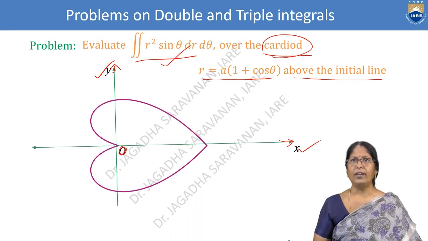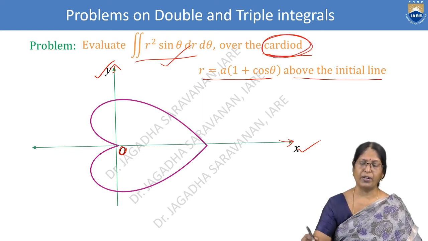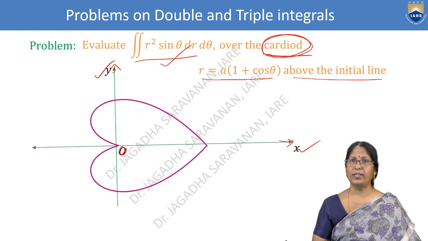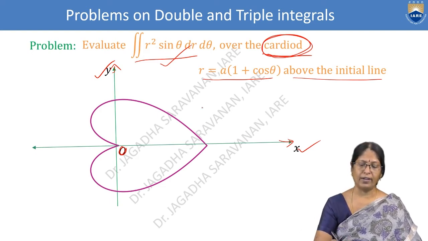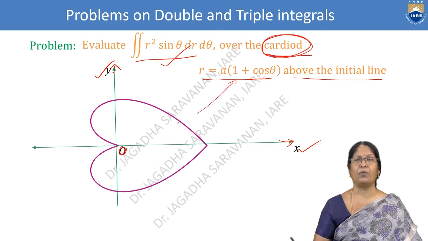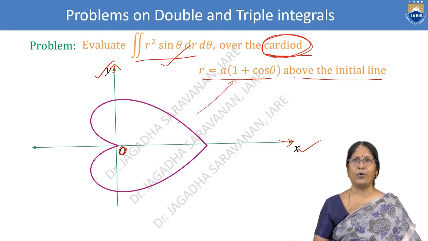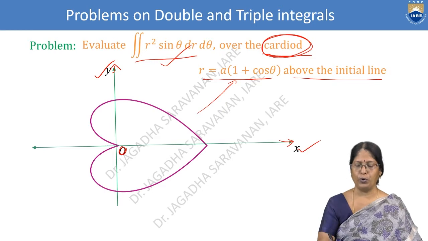Now the leaf shape, how we have drawn it: the word given is cardioid, so it is a leaf shape, but it must satisfy the condition. We will have a look at how we have drawn it.